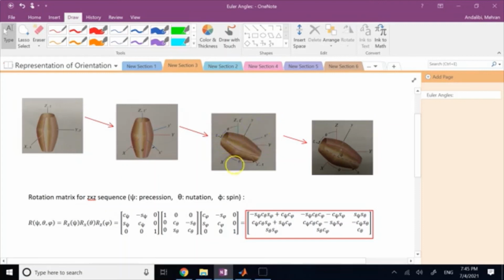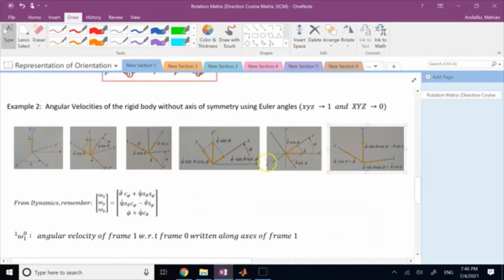What you do is you rotate now about the x-axis by angle what? Theta. So rotation happens about the x-axis by angle theta, and the resulting angular velocity of that you call theta dot, which you can see here. It is along the intermediate.